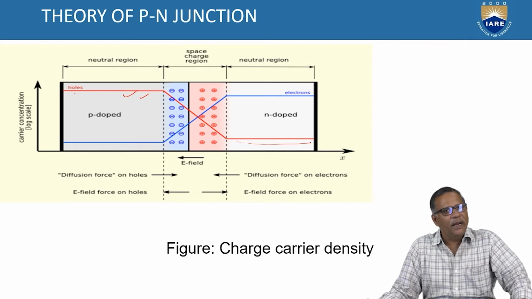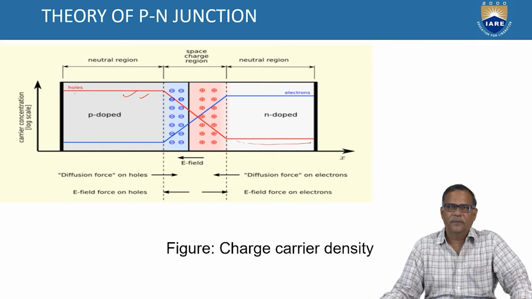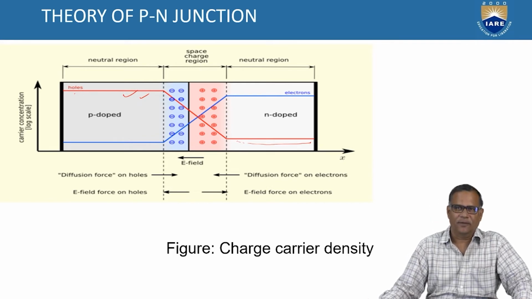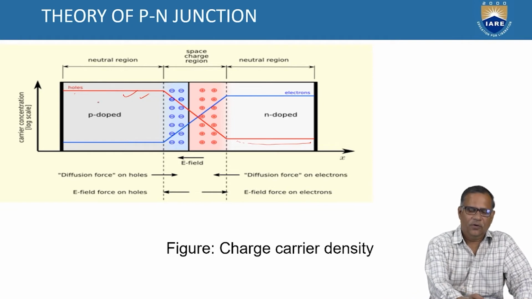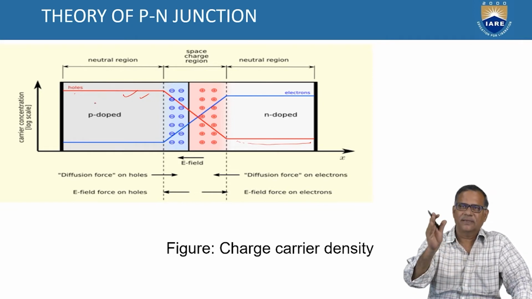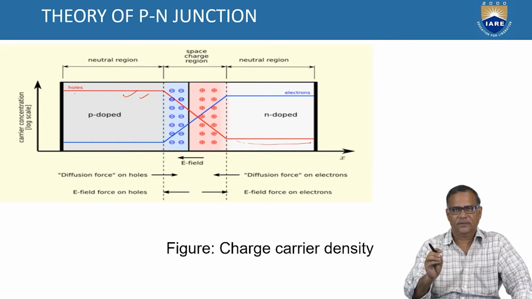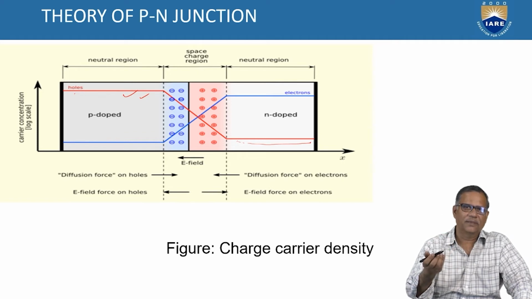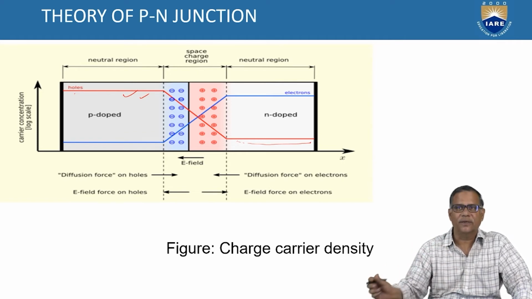Whenever any atom loses its electrons, it becomes a positive ion. So the atoms on the n side become positive ions.